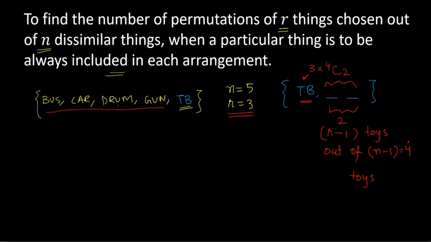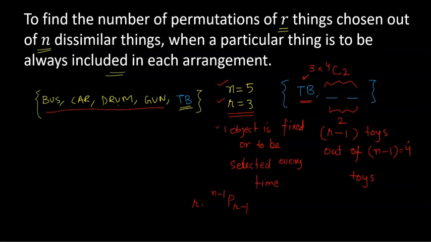If I write it in a generalized format, if there are n objects out of which r selections have to be made, and one object is fixed, or to be selected every time, then the total number of possible permutations is given by r times (n minus 1)P(r minus 1).